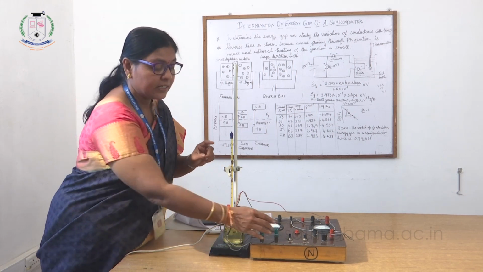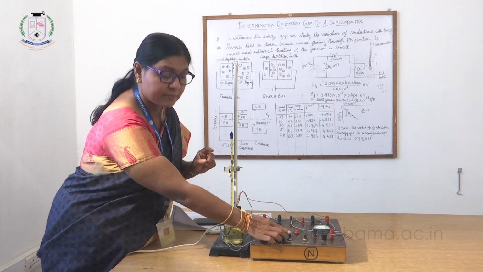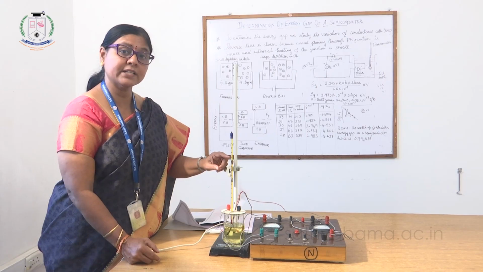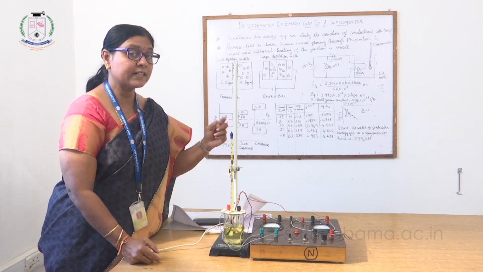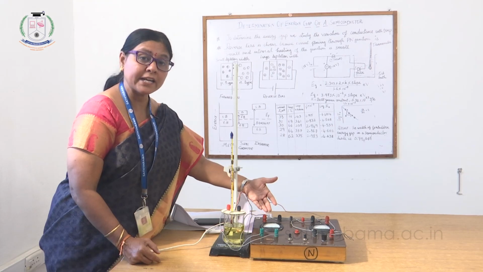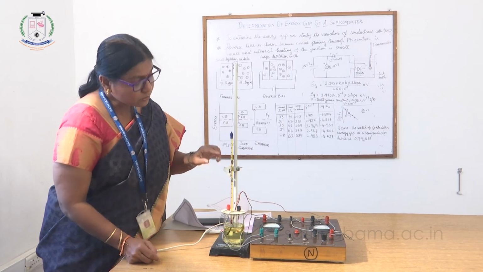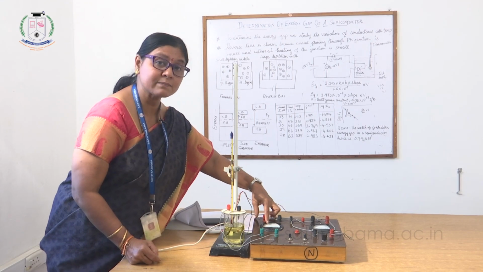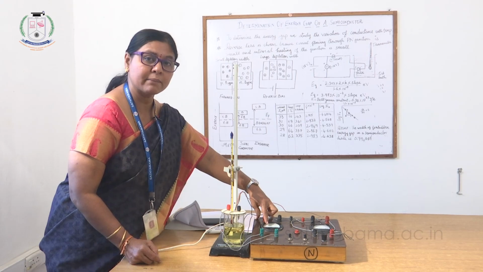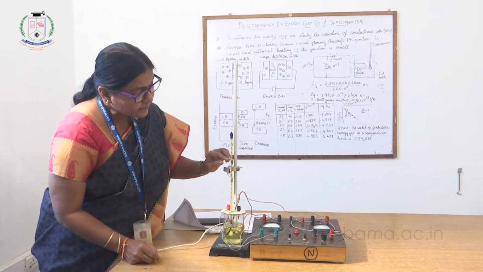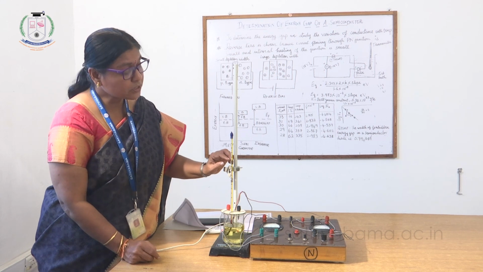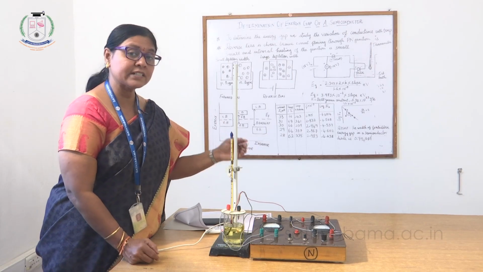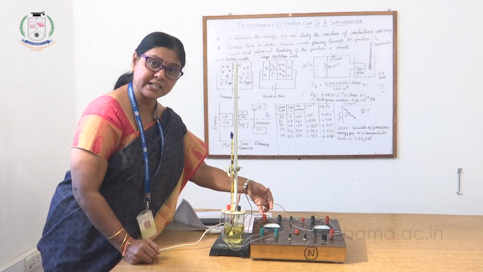At this juncture, I am going to switch off the heating mantle and I am going to note down, for every 2 degree fall in temperature, the corresponding value of my microammeter readings. Now the temperature has come to 78. I have to note down the corresponding value of my microammeter reading. Likewise, as the temperature falls 2 degrees below, around 76, I am going to note my microammeter reading.